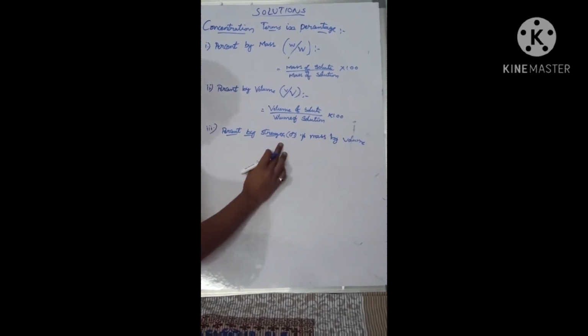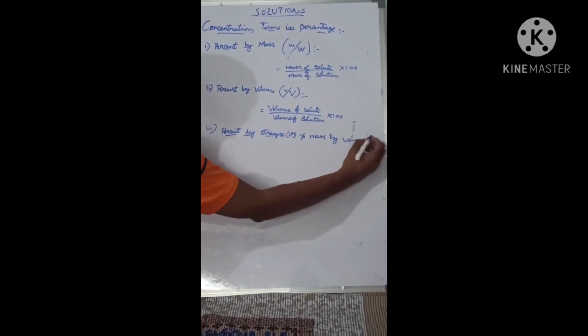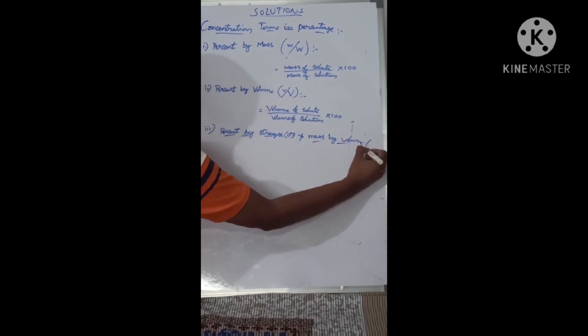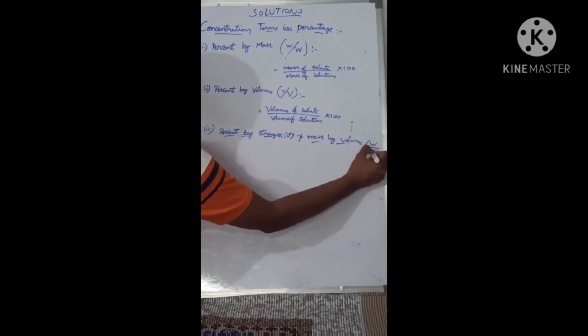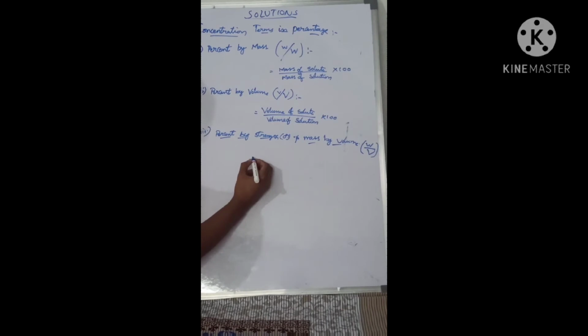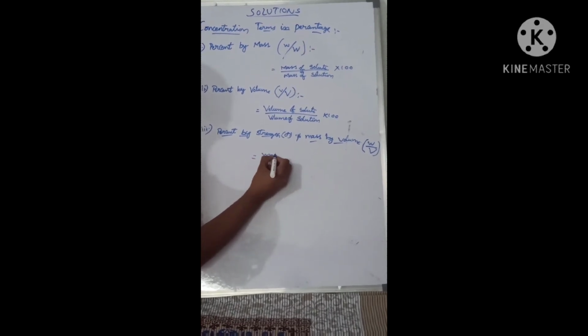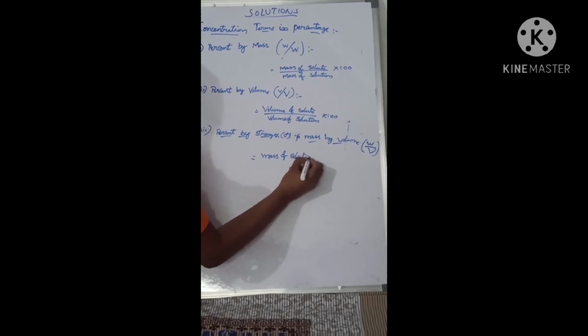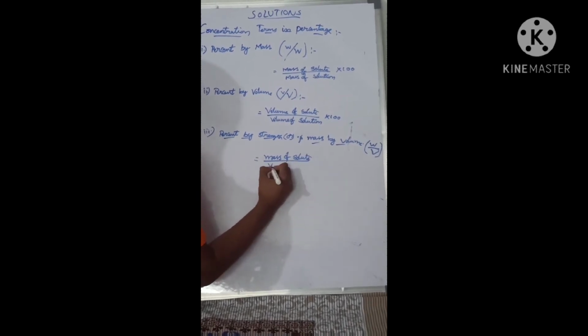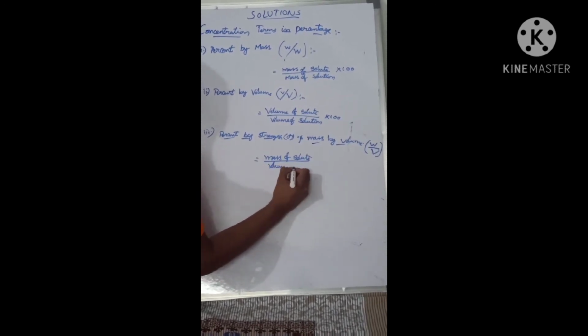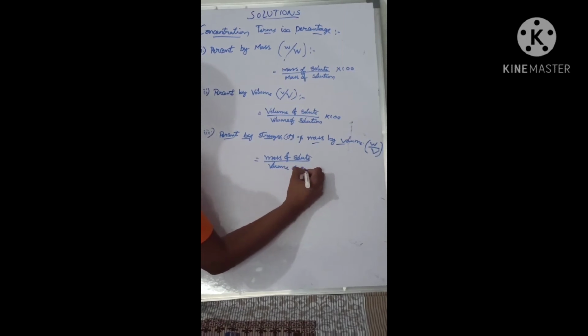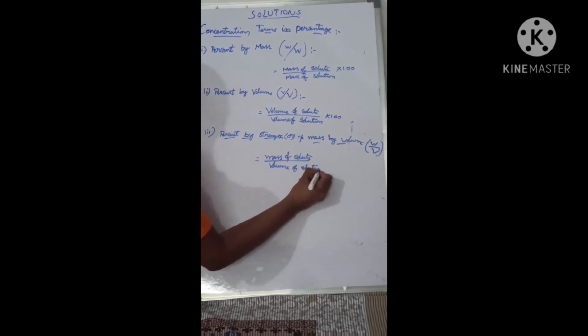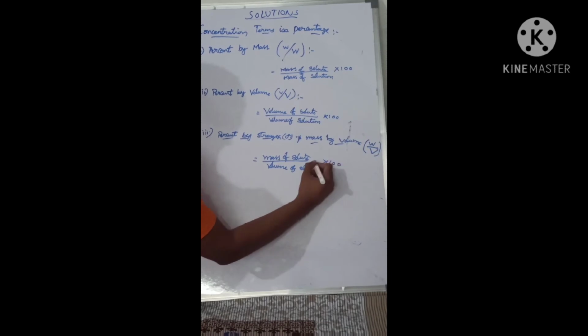Percent by strength is also known as percentage mass by volume, and it is denoted by small w by capital V. It is the mass of solute divided by volume of solution, into 100.